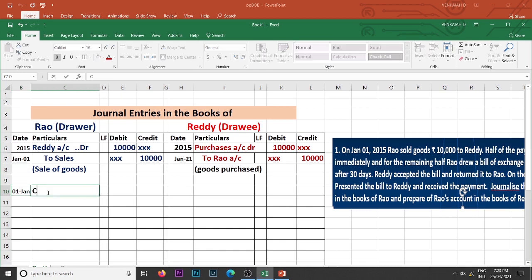So cash account is debited to Reddy's account. The amount is 5,000. Narration: of the amount received.